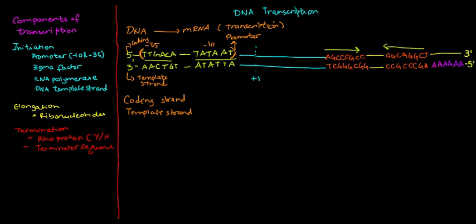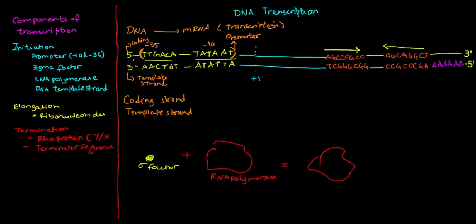So initiation starts with the sigma factor. This is my sigma factor that binds to an enzyme called RNA polymerase. This is my RNA polymerase. And together they bind to my promoter sequence.